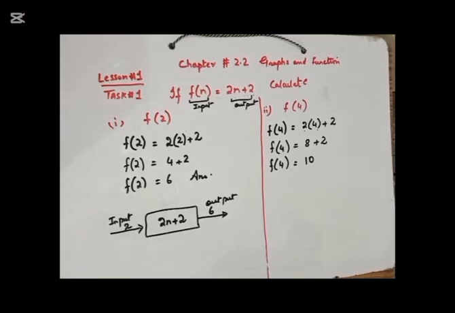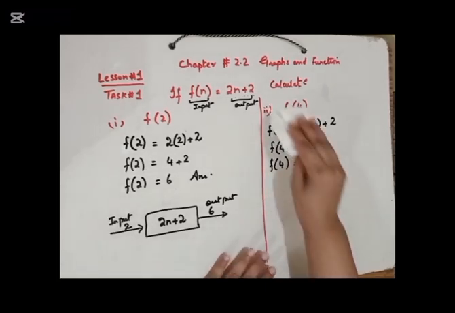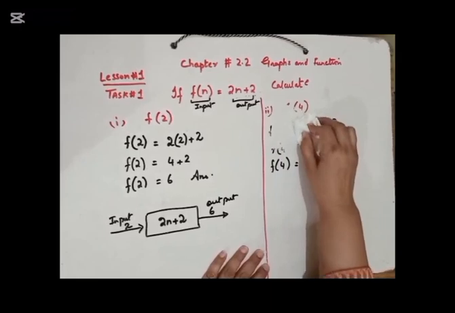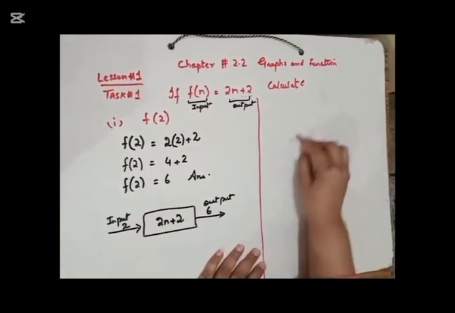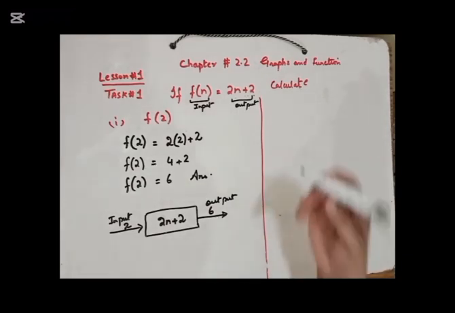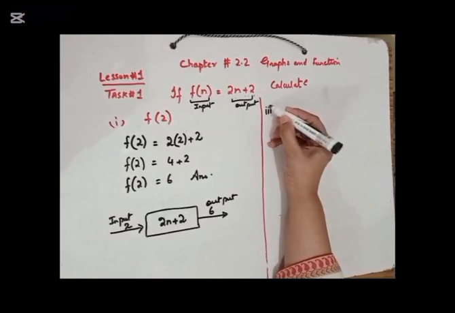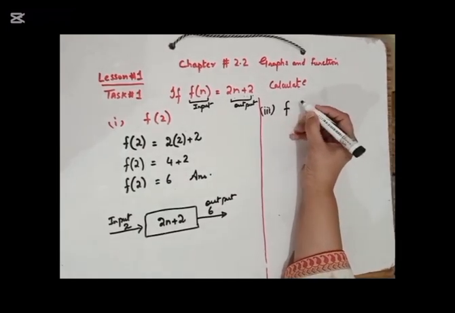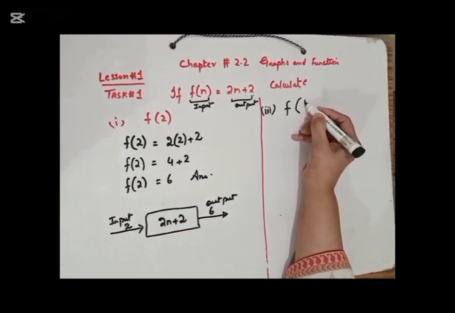So function is very easy. Let's take another example, another question from task number 1. It's also very easy, but it's in fraction form. We have to calculate the third part, that is calculate f of 1 upon 2.